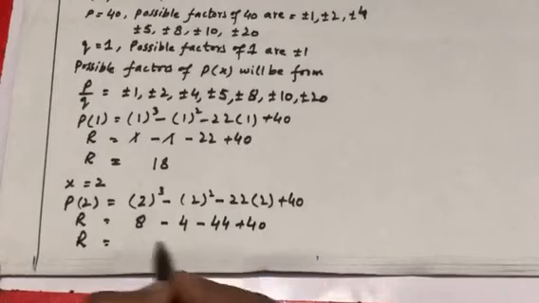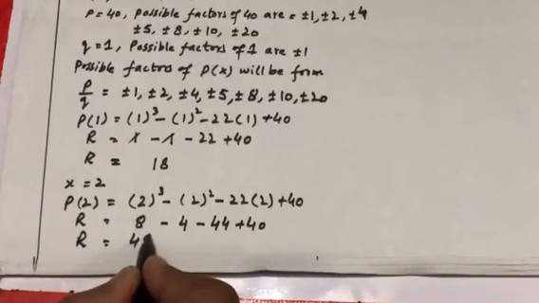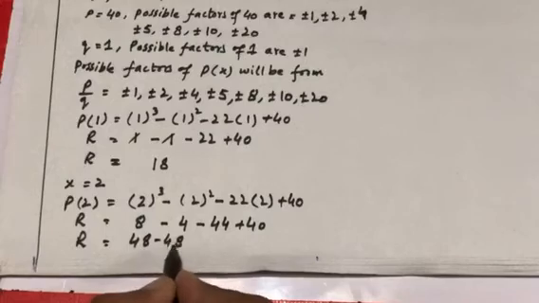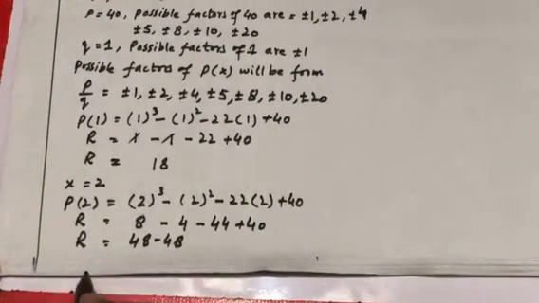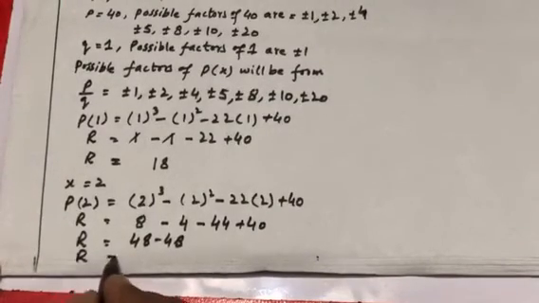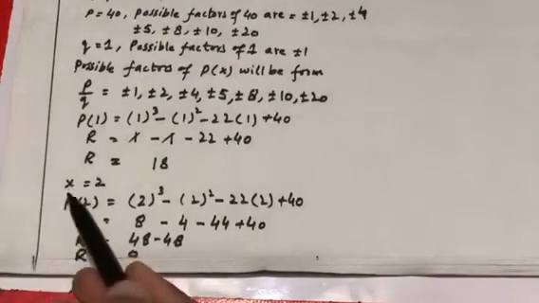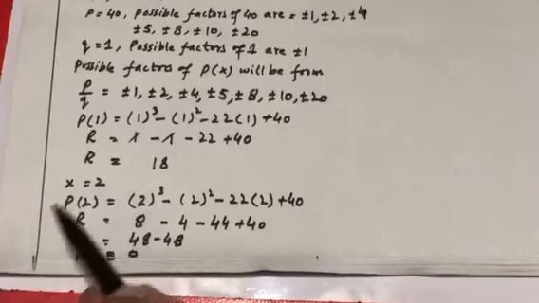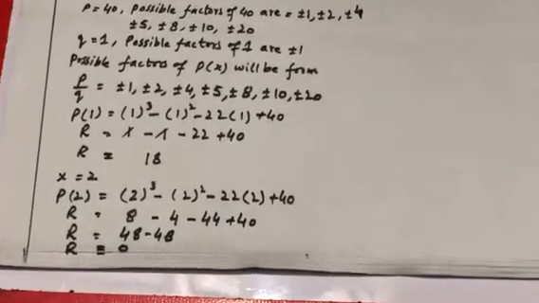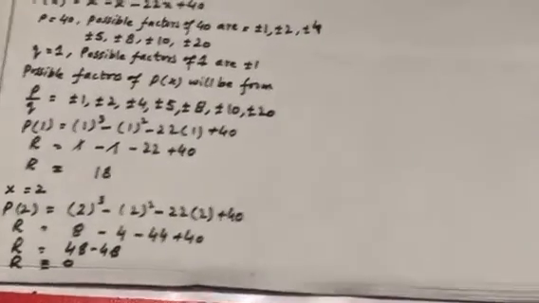So plus 48 and minus 48 will cancel out each other. So we will have remainder as 0. So it means if we take x as 2, we can make the first factor of the cubic polynomial.